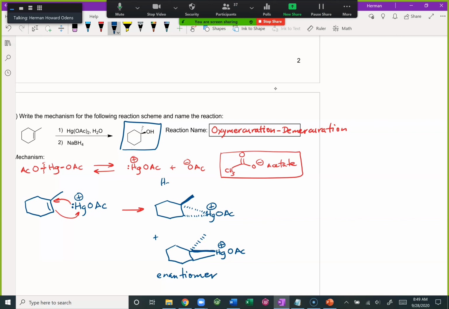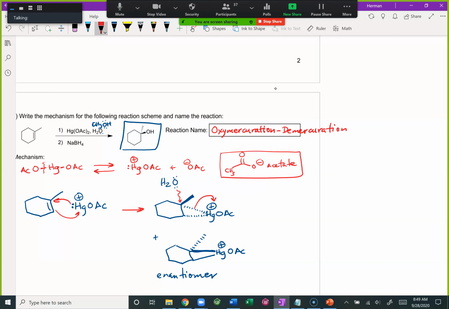Notice that now you have water here in the synthesis. If you have water, or an alcohol, let's say CH3OH, this oxygen from the water or the alcohol will be your nucleophile. So this water now comes and attacks there. It's going to break this bond.